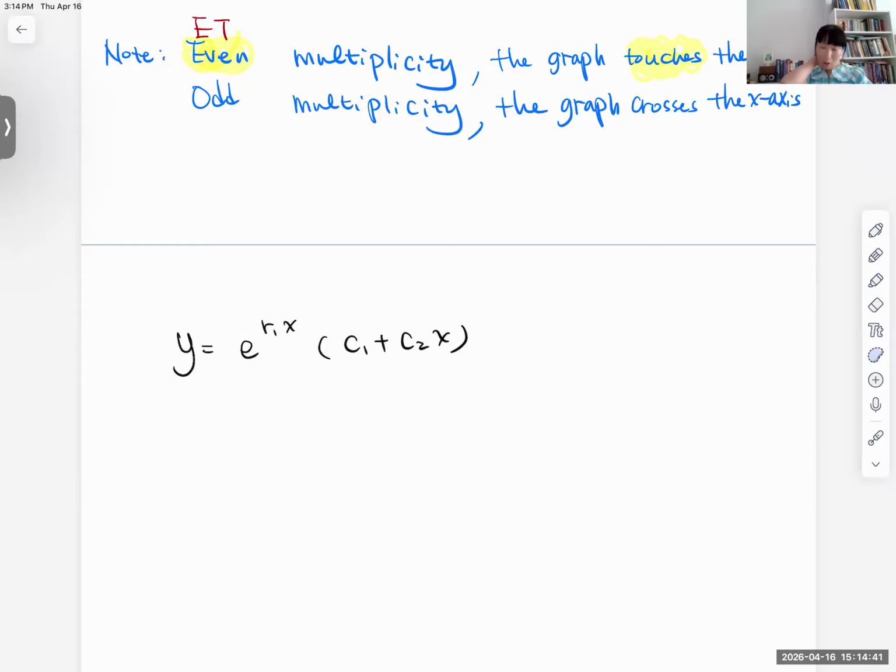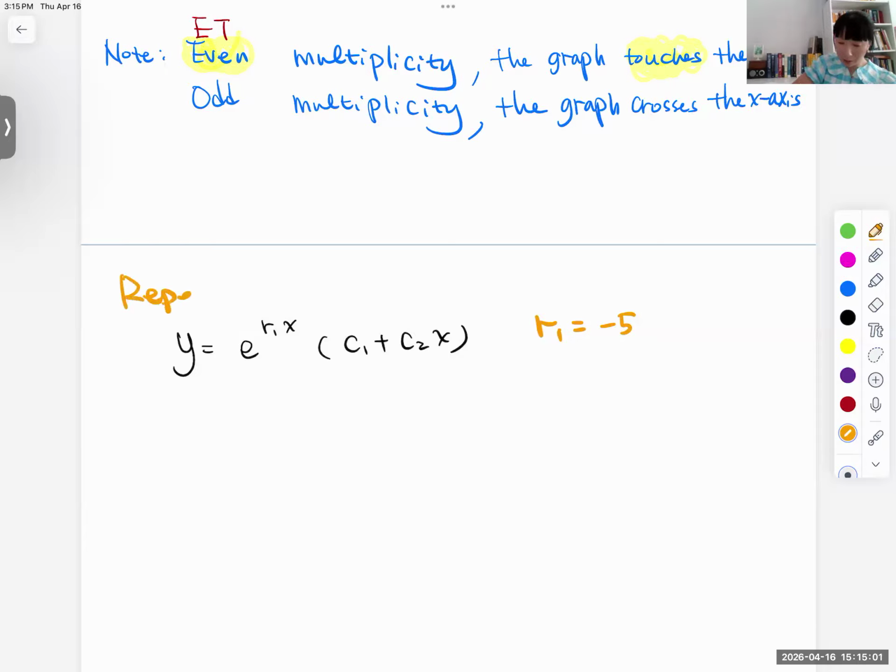All right, so this is a repeating root, right? So we say that r1 is also equal to -5. Repeat the root.